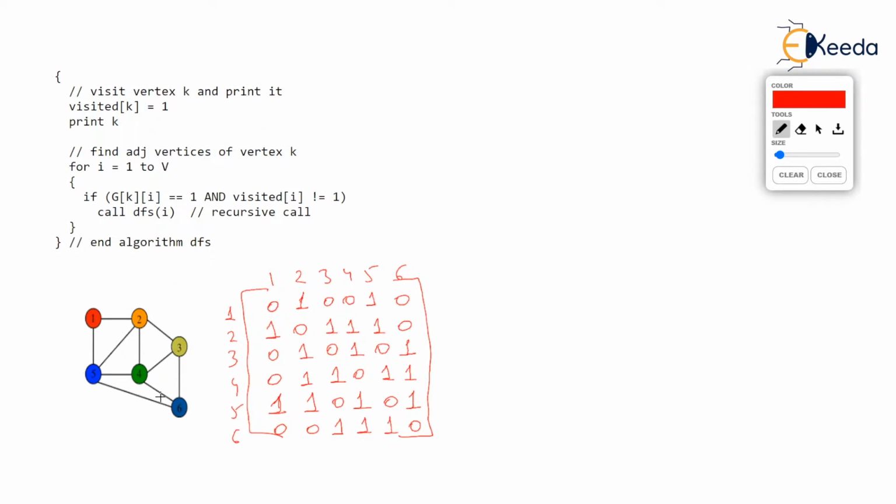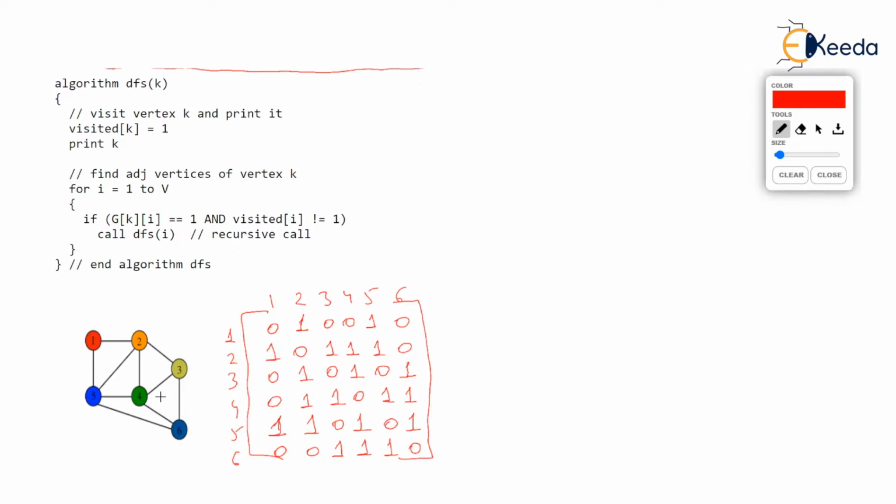Coming back to the work here, we will be declaring an array, the visited array, and the visited array will have exactly v elements. Now you see v in the picture is 6. 6 vertices are there. So we will declare a visited array of 6 elements and all the elements are 0.